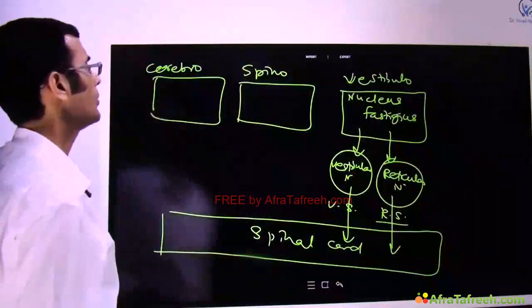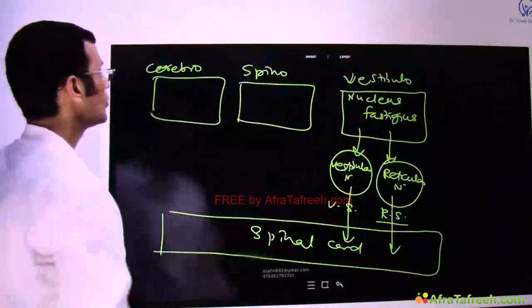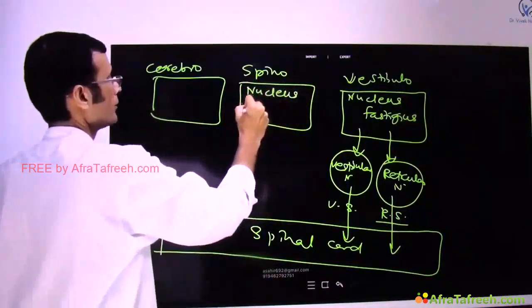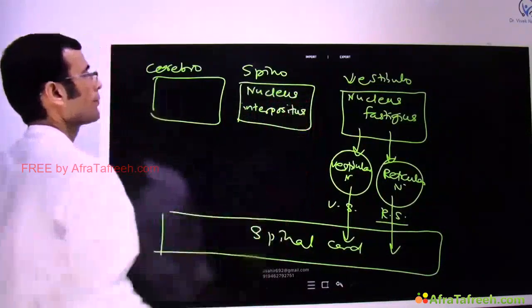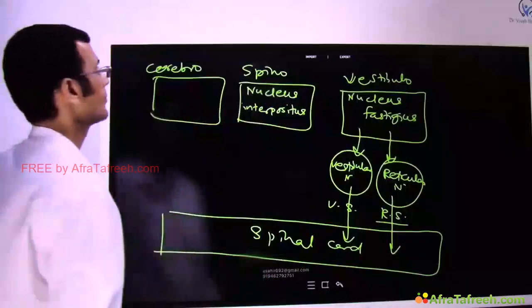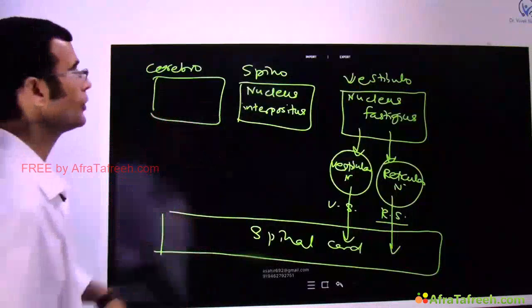The spinocerebellum, as you can see, it is interposed between the two, so it's called as nucleus interpositus. This has got two parts. Anatomy will tell you that it has got two parts, this nucleus.